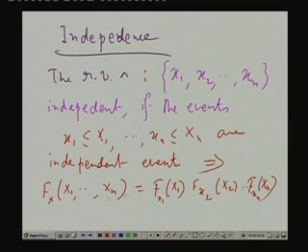As a result, if you have to find the joint density, by your theory you have to differentiate this with respect to x1 up to xn. If they are statistically independent, the distribution is a product of the individual distributions.